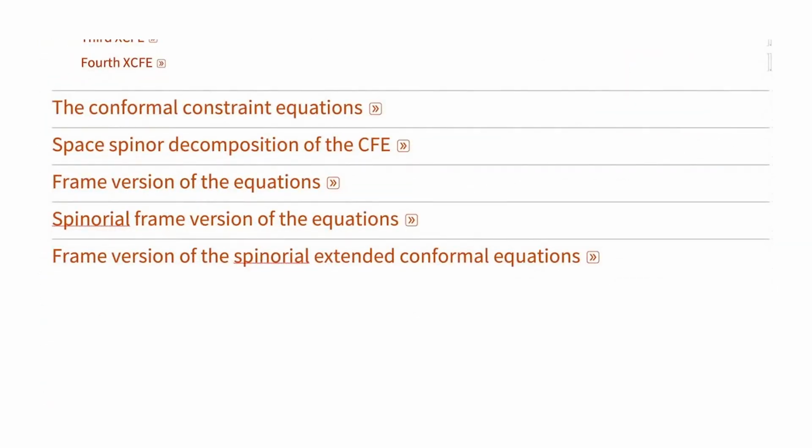Well, something that is also very important is that, given this conformal field equation, you can also do a 3+1 decomposition, right? And this is something that you can do quite conveniently and efficiently in xAct. There is a whole section on how to do this, and for the more expert in spinors, there is also a spinorial version of the 3+1 decomposition that we call the space spinor formulation.